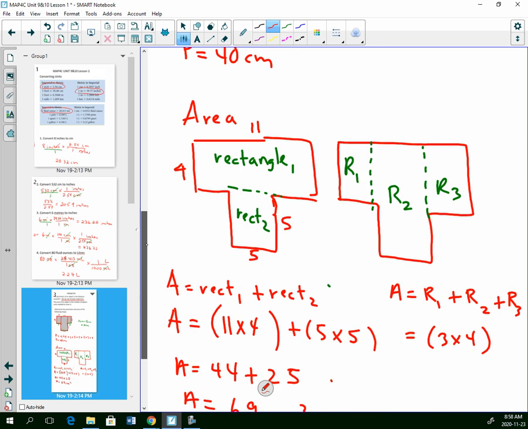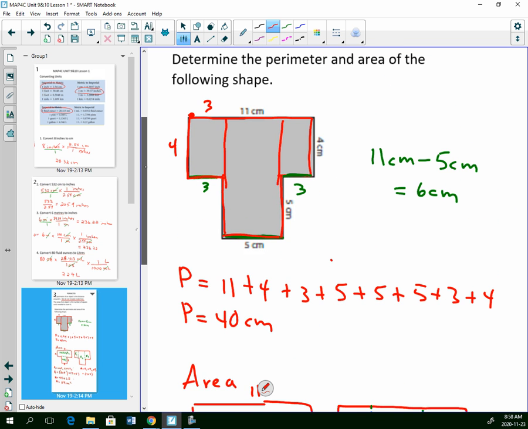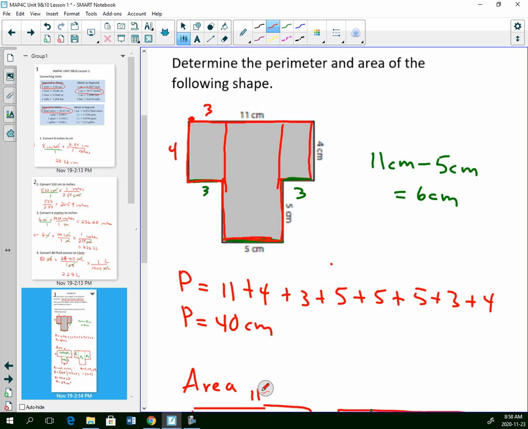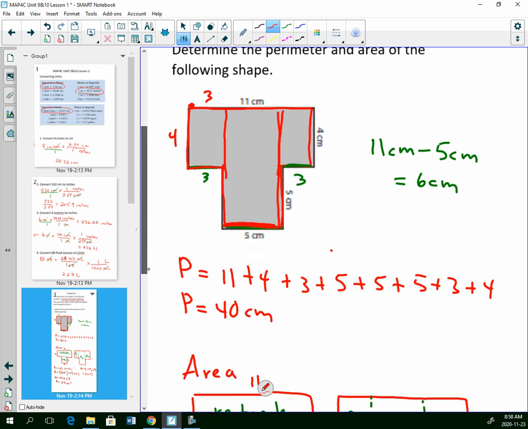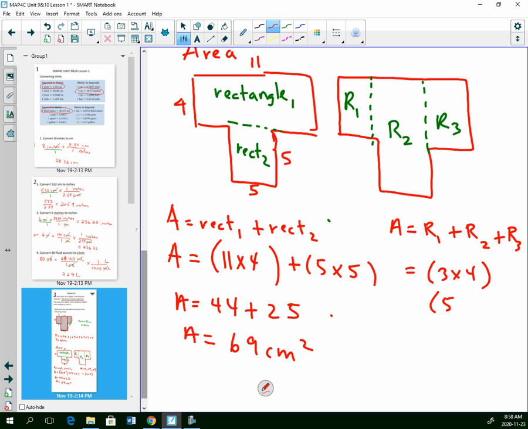Rectangle 2 is 5 by 9, right? This is 5, and then this whole side is 5 plus 4, so that's 5 by 9. And then rectangle 3 is the same as rectangle 1. And then we'll just make sure that we get the same answer. So 45 plus 24 is 69. Right, so I get the same answer as if I did the other way.